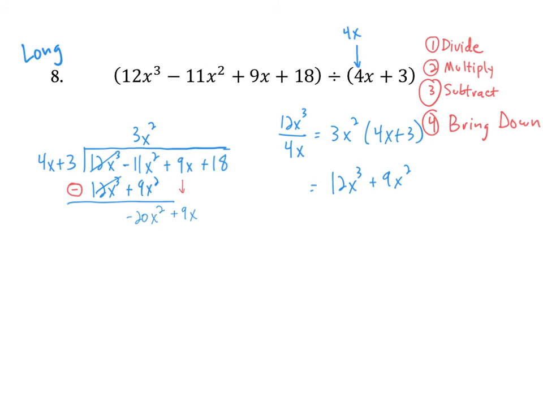Okay, so next thing you'll do is divide. And you always do the first thing down here divided by 4x. So negative 20x squared divided by 4x. That's negative 5x. You'll put it up top here.